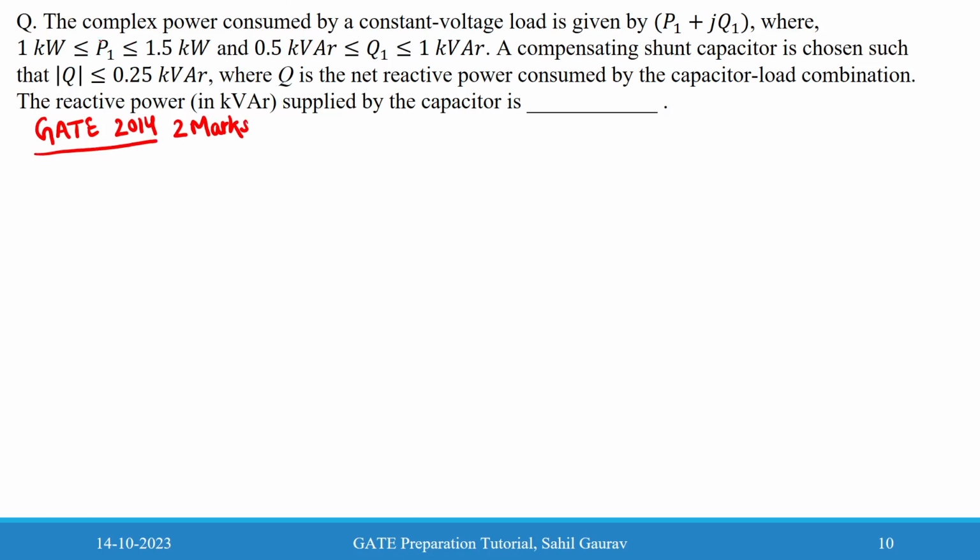The question is that the complex power consumed by a constant voltage load is given by P1 plus jQ1, where P1 is greater than 1 kilowatt and less than 1.5 kilowatt, and Q1 belongs to 0.5 kVAr to 1 kVAr. A compensating shunt capacitor is chosen such that mod Q is less than or equal to 0.25 kVAr, where Q is the net reactive power consumed by the capacitor load combination. The reactive power in kVAr supplied by the capacitor is?